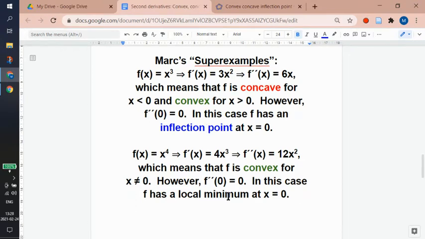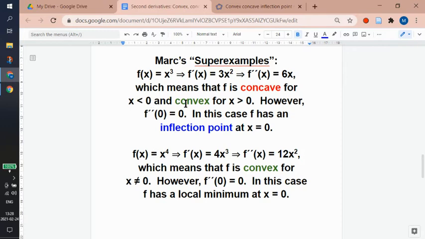Let's look at these examples in more detail. In the first one, f of x is x cubed. The first derivative is 3x squared, and the second derivative is 6x. Now, 6 times x is a negative value whenever x is negative, so the second derivative is negative whenever x is negative, which means that f is concave for x less than 0.